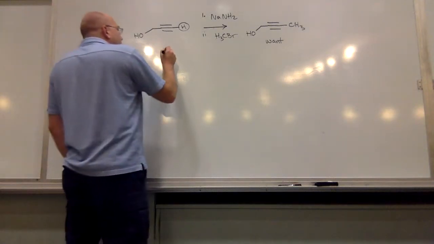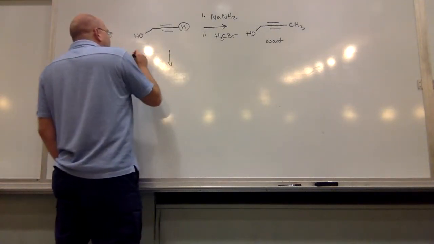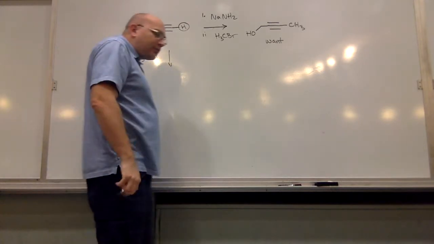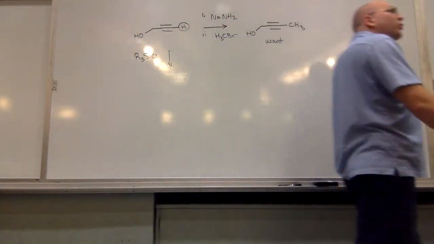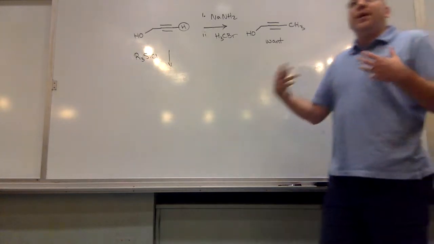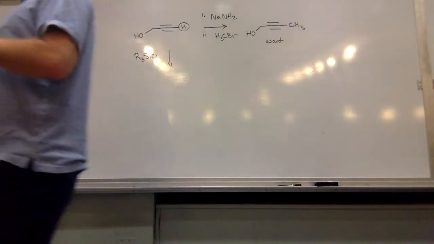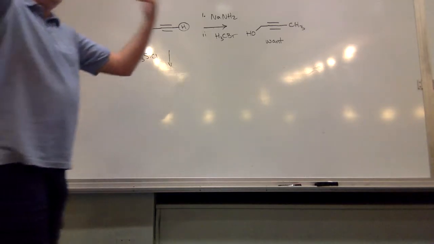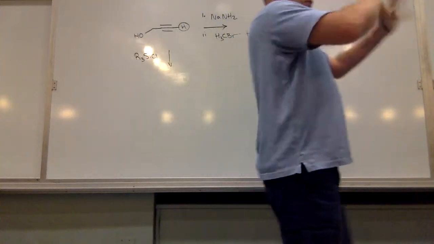Turns out there's a whole bunch: R3SiCl. Depending upon what the R groups are, there's some versatility here. If it's a trimethylsilane, those are a little bit easier to put on, but they fall off really quickly as well. So maybe that's not what you want.